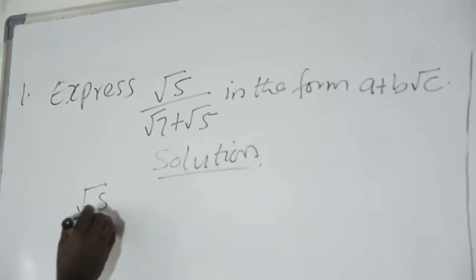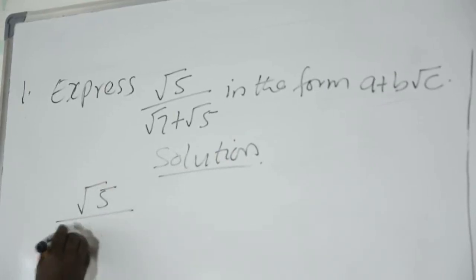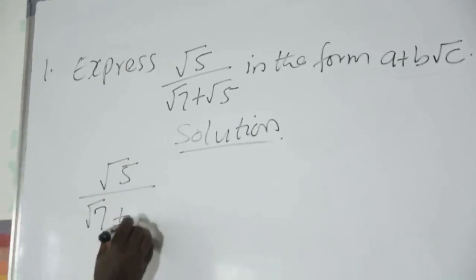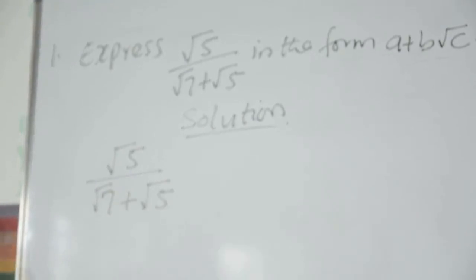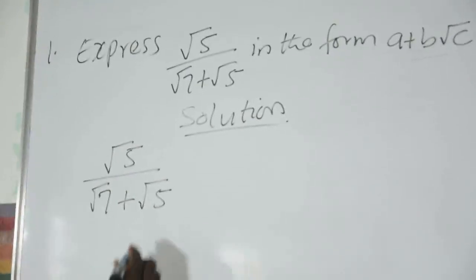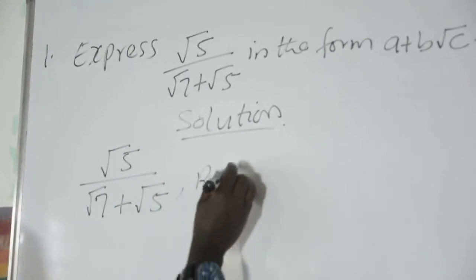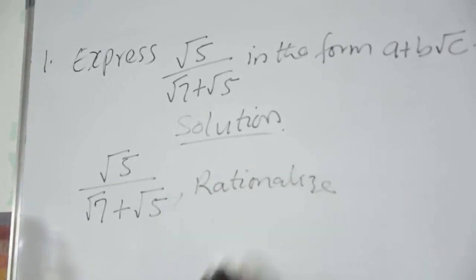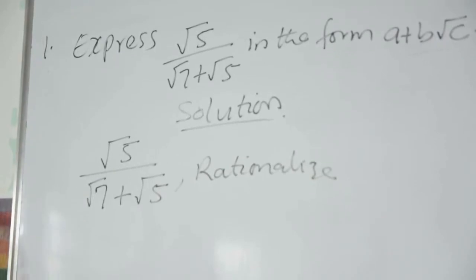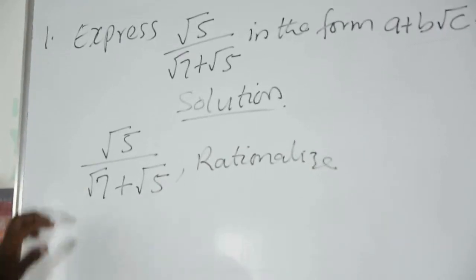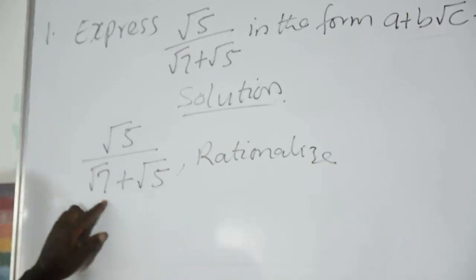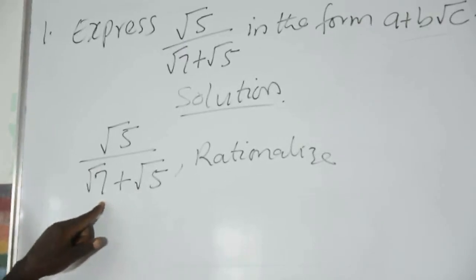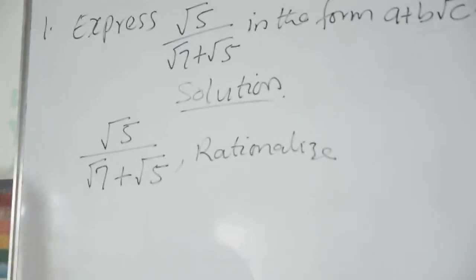Our question is square root of 5 all over square root of 7 plus square root of 5. Now, to do this, we rationalize. How do we rationalize this? We are going to multiply the numerator by the conjugate of the denominator and also multiply the denominator by its conjugate.